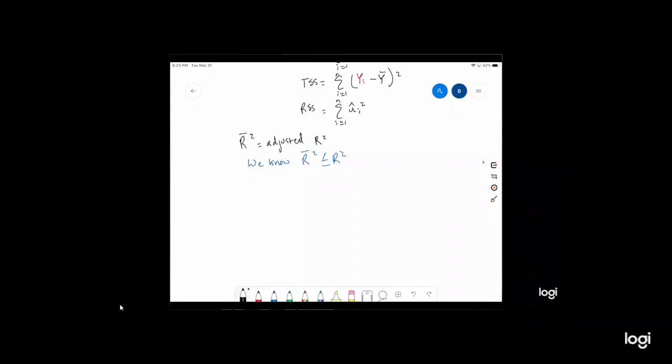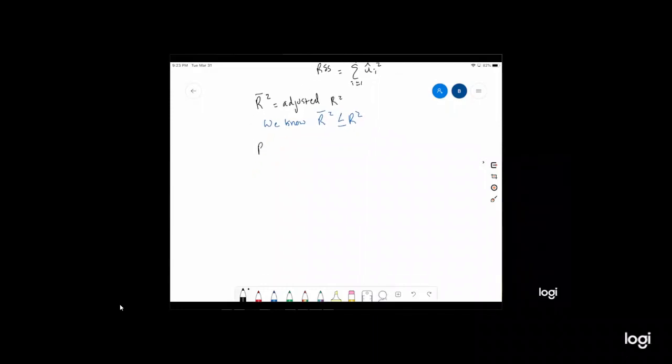So it goes like this. Adjusted r squared equals 1 minus n minus 1 over n minus k minus 1. So there's our degree of freedom correction, k is the number of regressors in the model, times the sum of squared residuals, or the residual sum of squares over the total sum of squares.